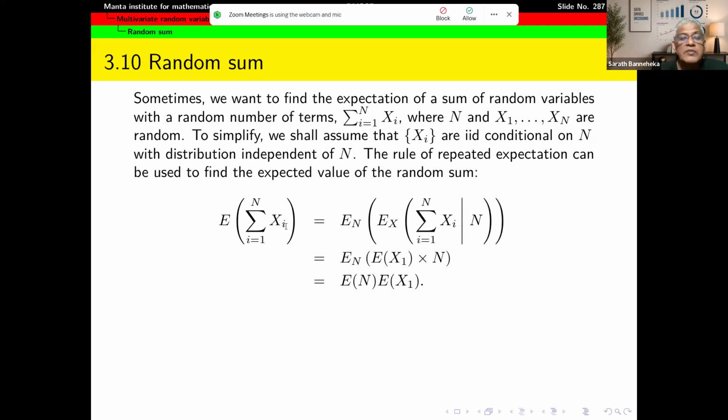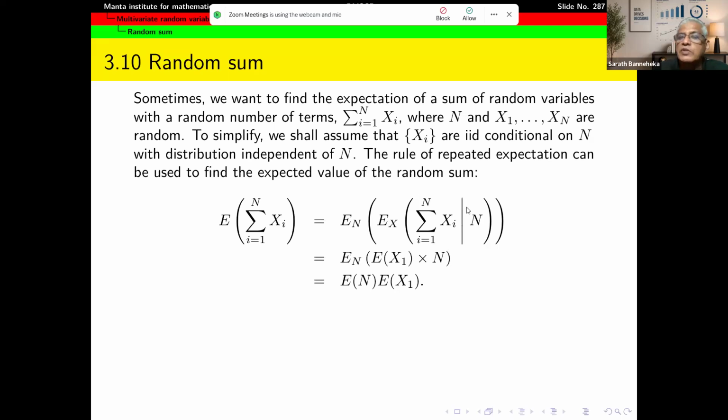We know that the expected value of some random variable is equal to the expected value of the expected value of that random variable given another random variable. Here, the random variable of interest is the sum of Xi, but there is another random variable N. So it is meaningful to talk about the expected value of this quantity as the expected value of the summation for a given N first, and then look at the expected value of that quantity.